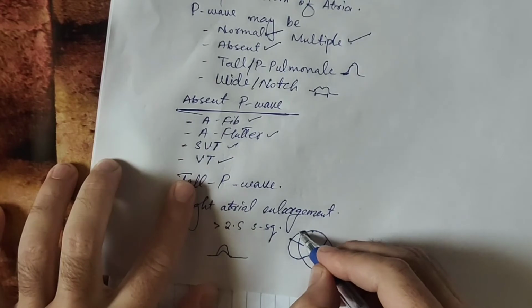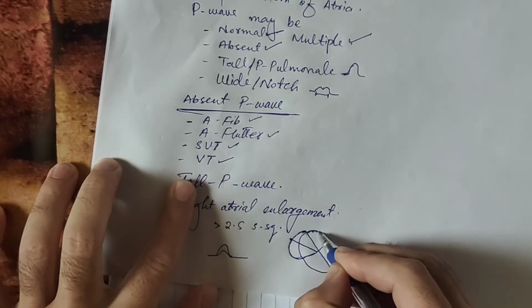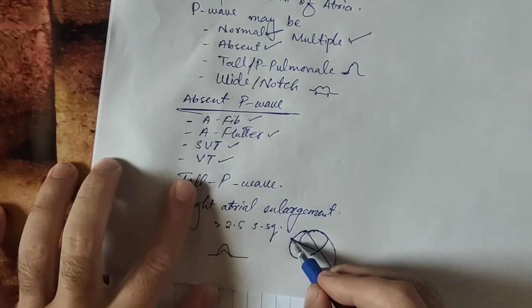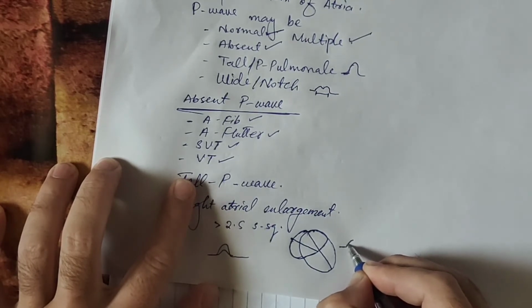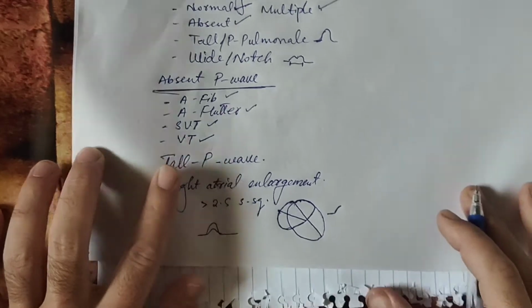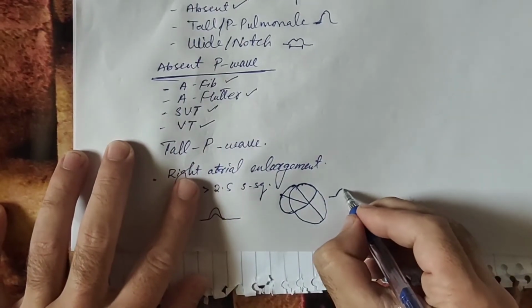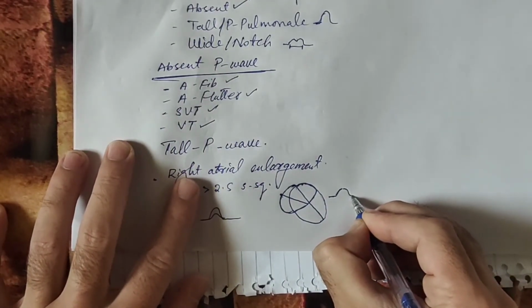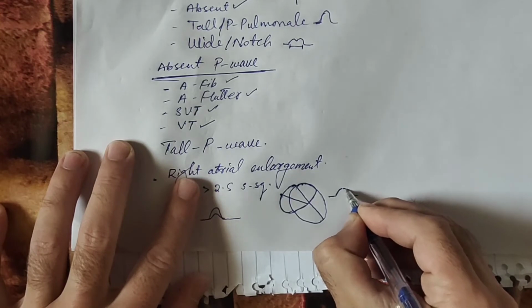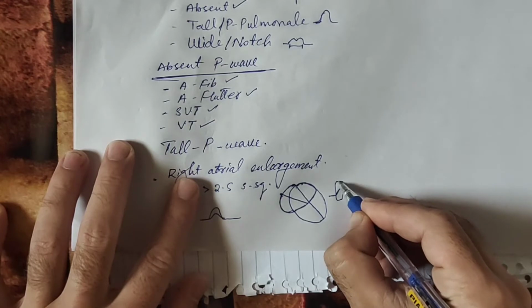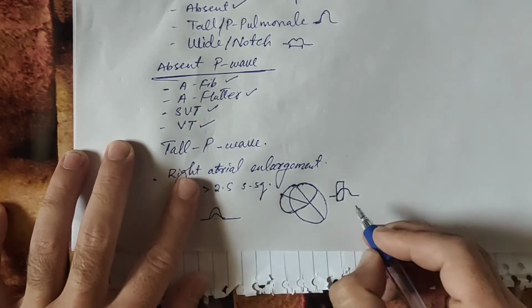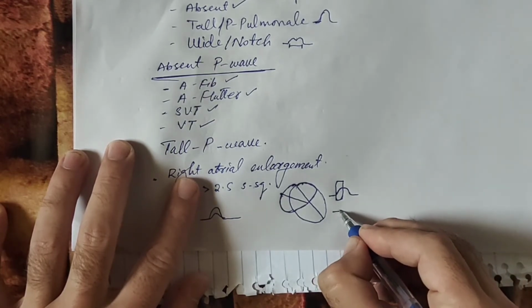When the right atrium is enlarged and the left atrium is normal, we have this time for right atrial depolarization and this time for left atrial depolarization. Now with right atrial enlargement there will be a tall P-wave.